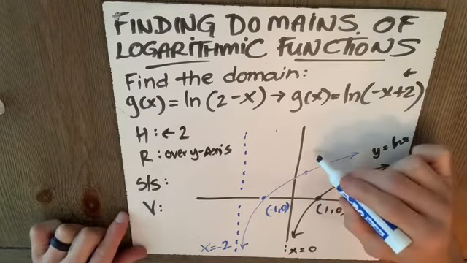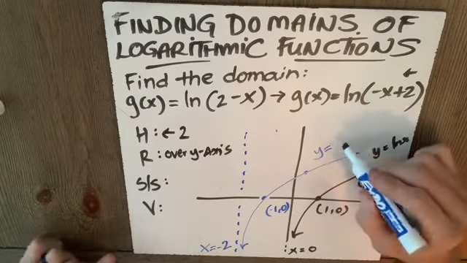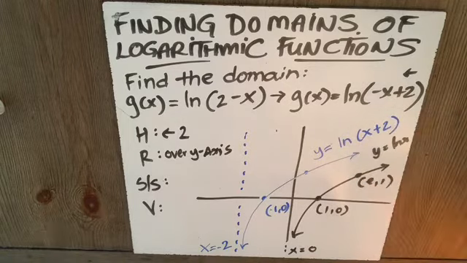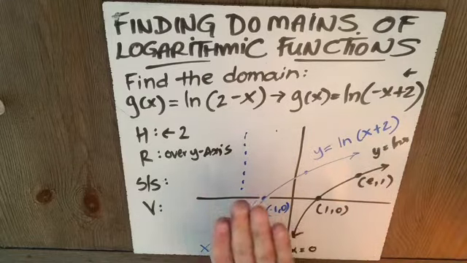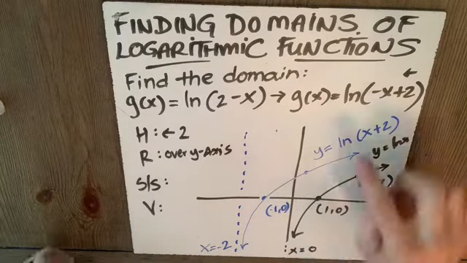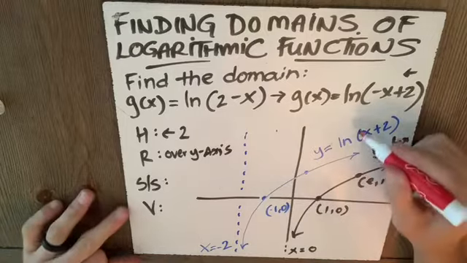Now this is y equals natural log of x plus 2. I now have to take this and reflect this over this y-axis. So if I'm now reflecting it, x equals 2 will be here.